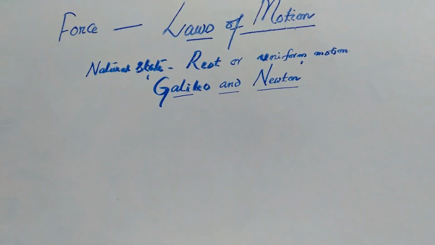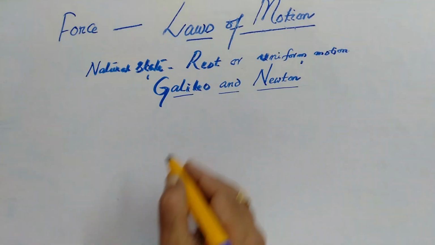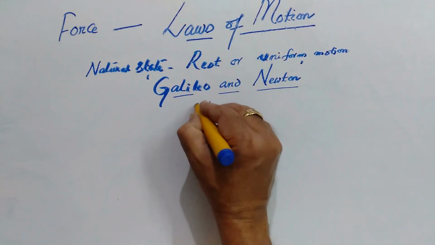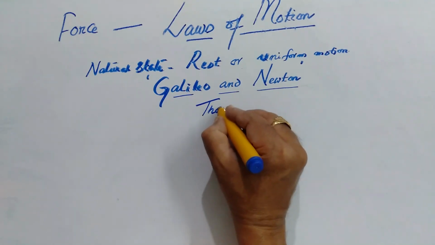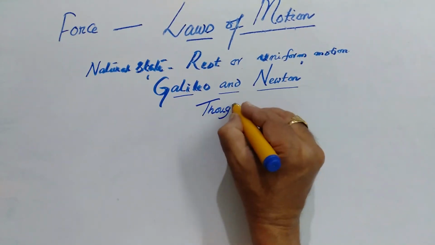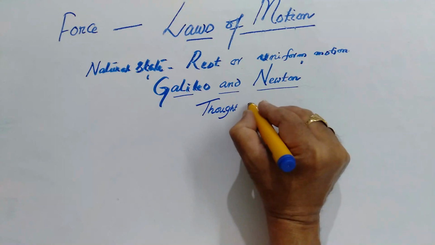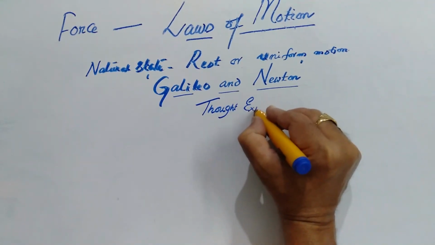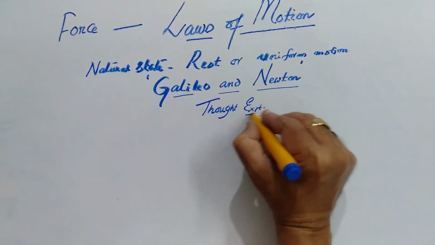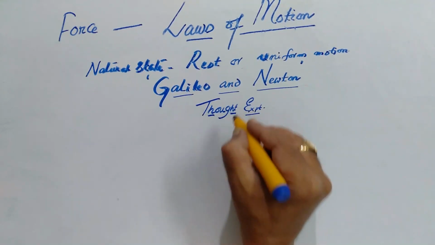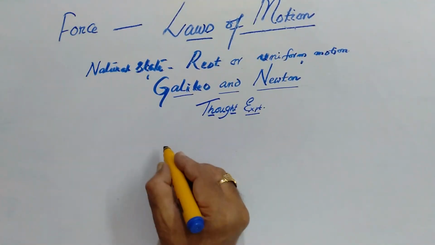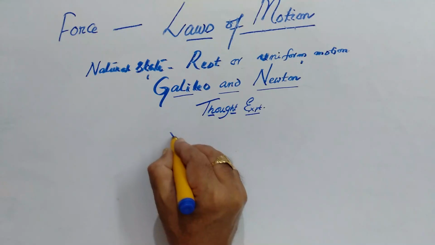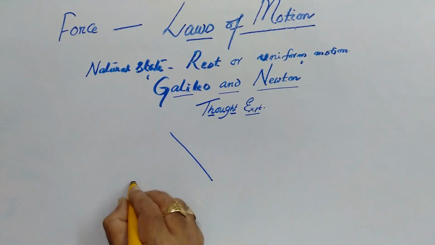To show this, we have to understand Galileo's thought experiment. In this thought experiment he imagined two inclined planes.